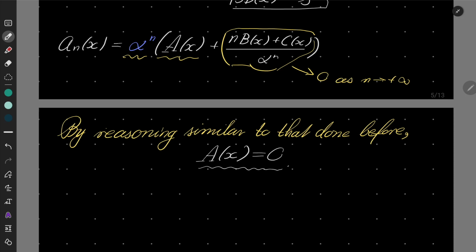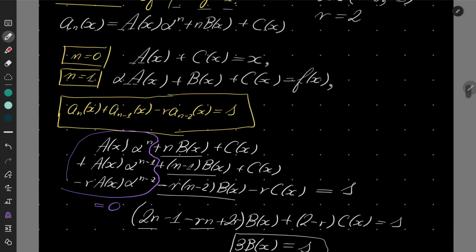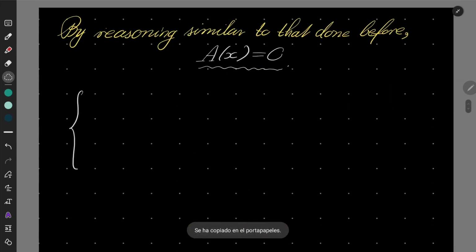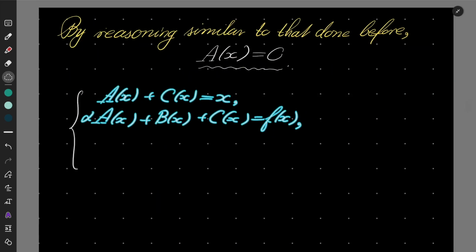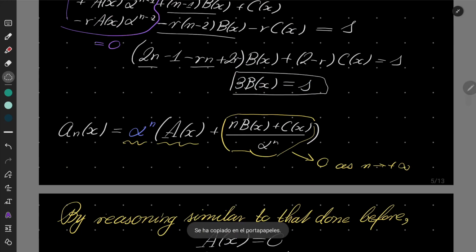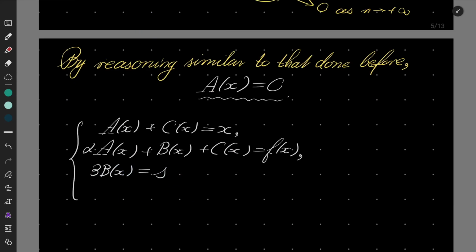Okay. And let's take our 4 equations. Which 4? These 2 equations. These 2 equations. The third equation was this one. And the fourth one, again, a(x) is 0.